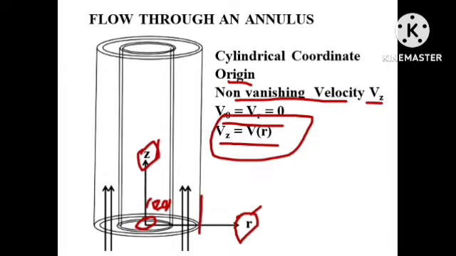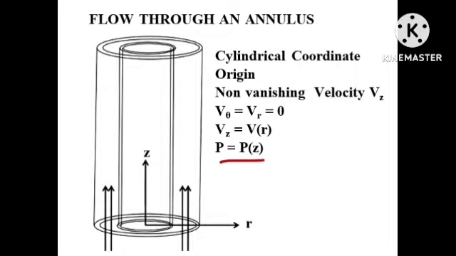This is moving toward the upward direction, and while it is moving upward, the velocity Vz is given. That's the cylindrical coordinates. We will consider P is equal to Pz directly.